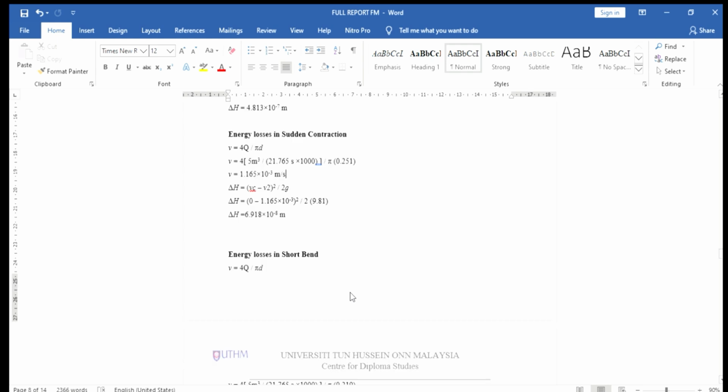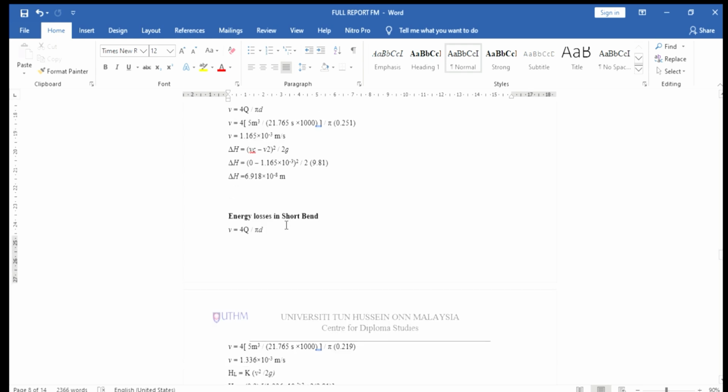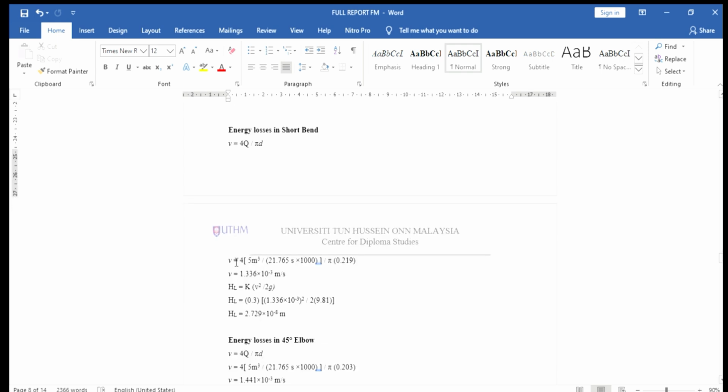Next, for energy losses in short bend, it is just the same as before. We find the velocity, and then we put the value: V equals 4 times flow rate, 5 liters divided by 21.765 times 1000, per pi diameter squared.